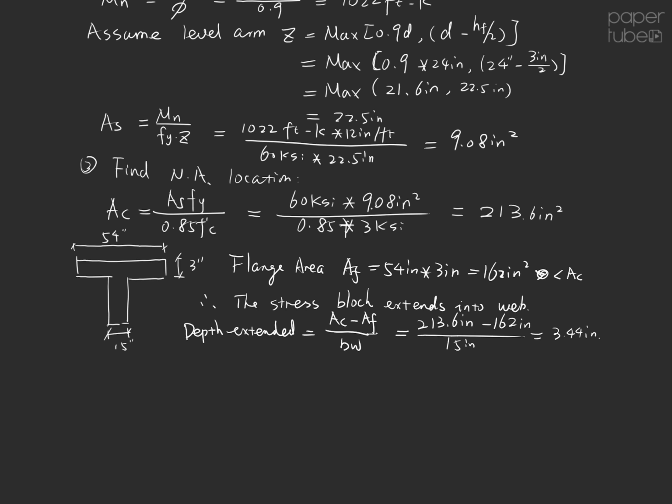Right, now this is our new cross section here. I'm going to enlarge it a little bit to make it clear. Your BE is 54 inch. HF is equal to 3 inch. Now this Whitney stress block needs to extend to 3.44 inch down.